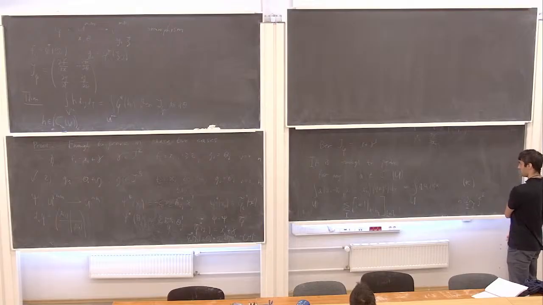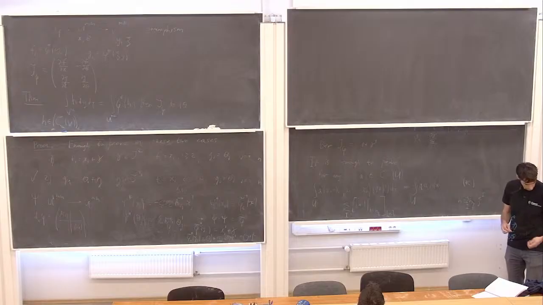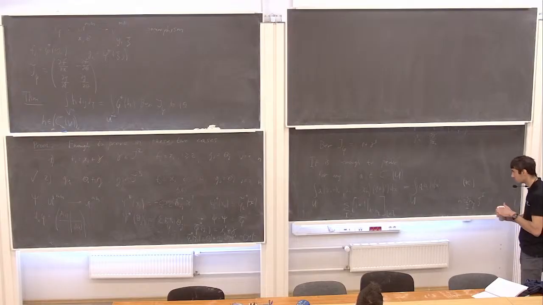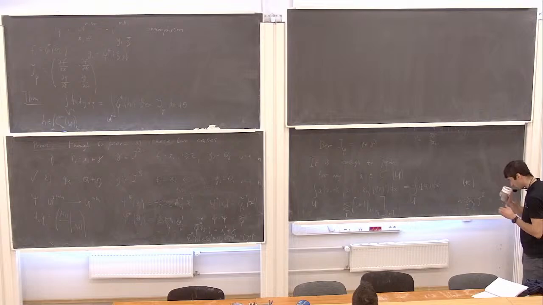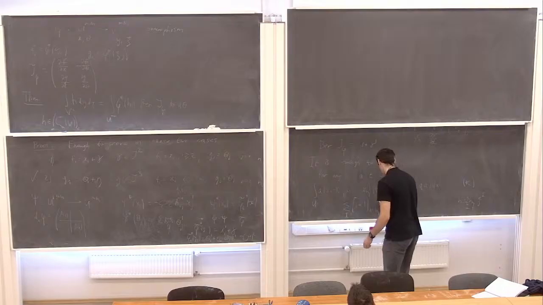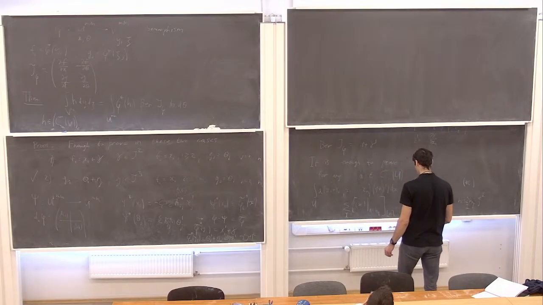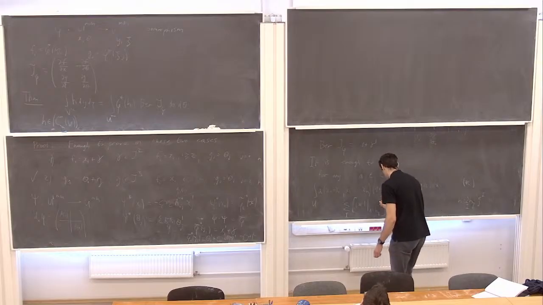Один плюс гамма штрих. Правильно, то есть вот здесь на самом деле надо кси и еще написать, да?